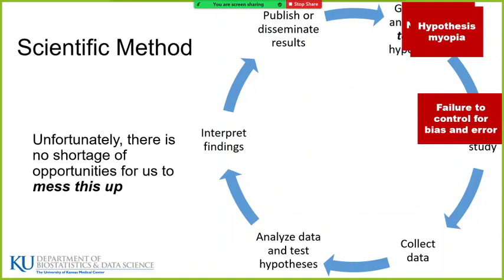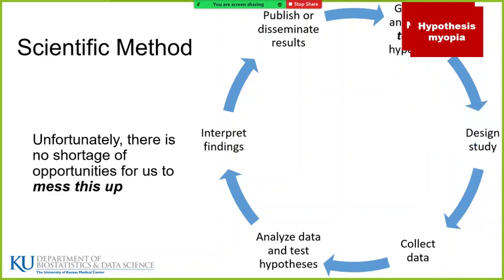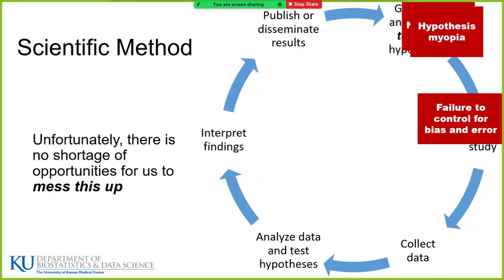And then sources of error just increase the variation in the outcome. So maybe what it does is it buries the signal in a lot of noise. And if we know about these things in advance, we can control for them in our study design. The things that we don't know about in advance, we can implement other features of experimental design to help minimize the impact of unknown sources of bias and error.